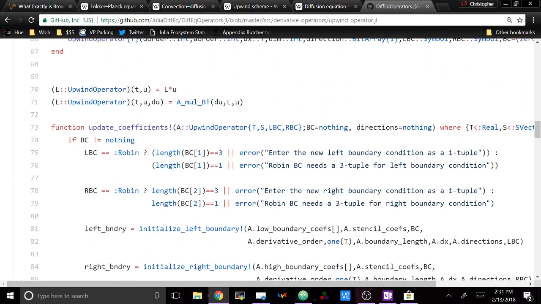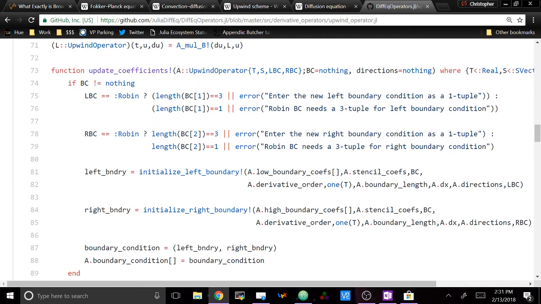Now currently what it does is it takes in directions as nothing, right? So when you do update coefficients, it can update what the stencil is, so it updates the boundary conditions. Boundary conditions are thought about just the same way that we had before, except now we just have to take into account that you will probably only be hitting the boundary on one side.